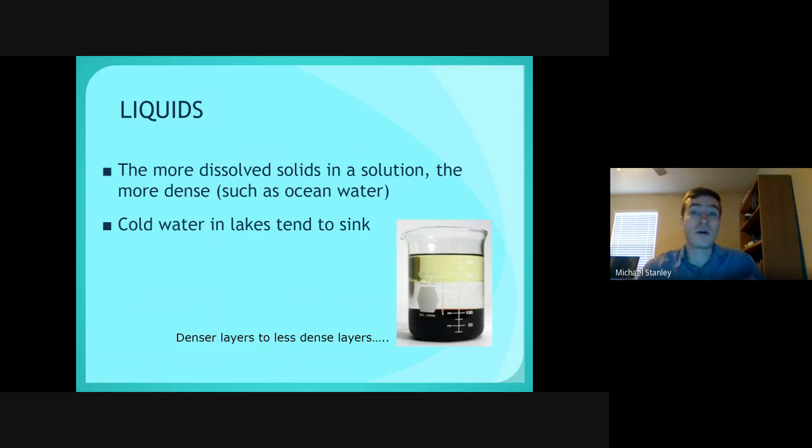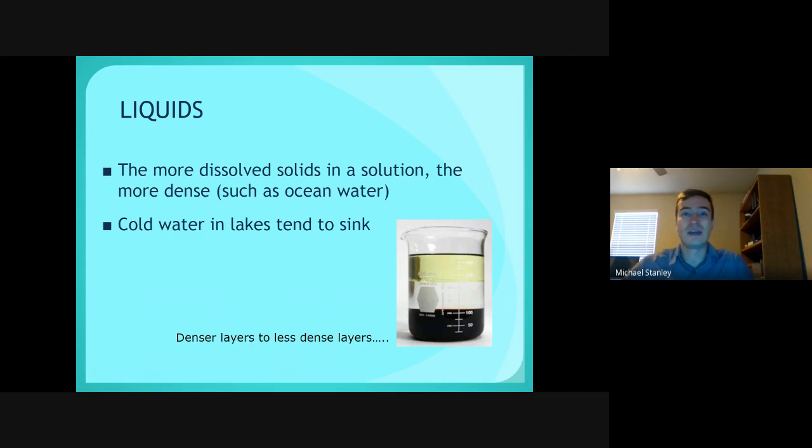Liquids also have different densities compared to each other. In general, one good way to figure out how dense a liquid is likely to be is that the more dissolved solids you have in your liquid, so the more particles, compounds and atoms that are mixed in, the more dense that liquid is going to be.